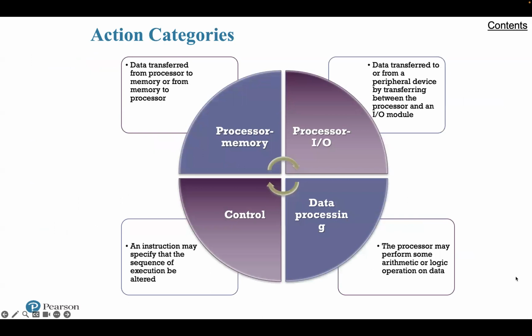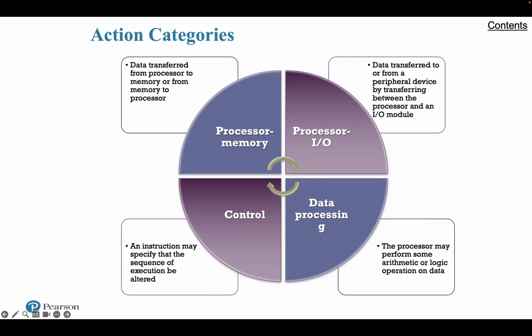Okay, so here we have the action categories. And so we have the processor memory. The data may be transferred from processor to memory or from memory to processor. We have the processor and I/O. The data may be transferred to or from a peripheral device, transferring between the processor and an I/O module.